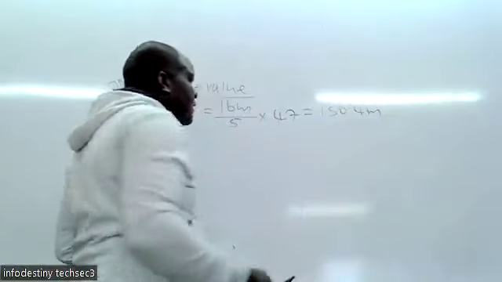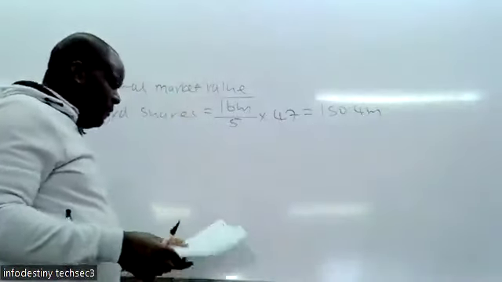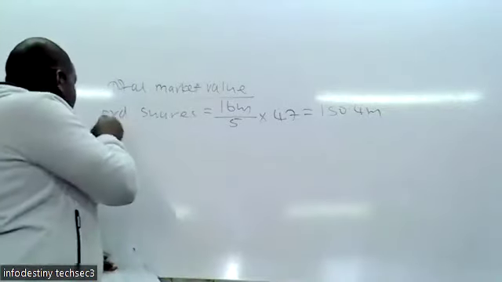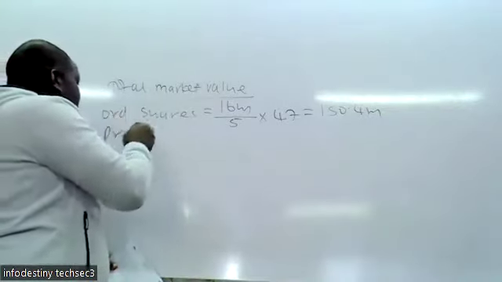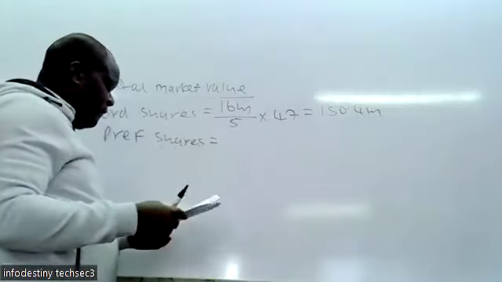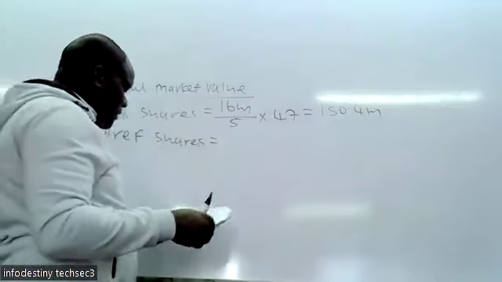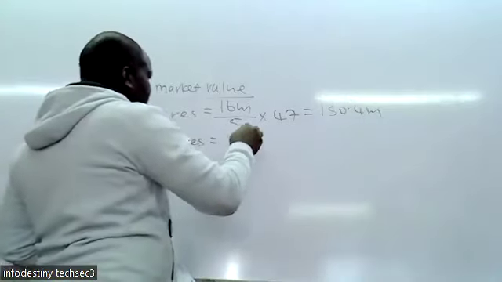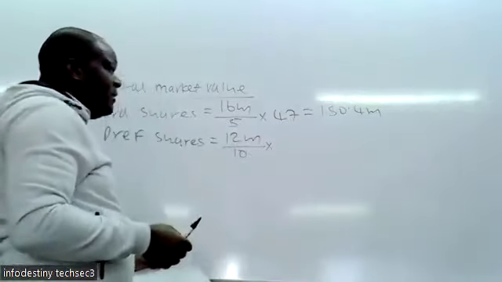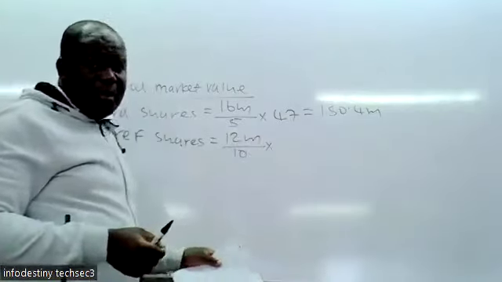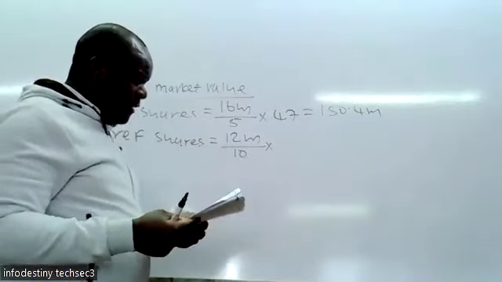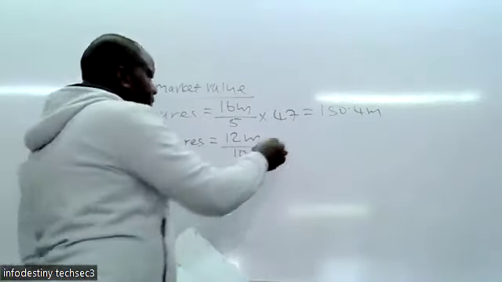The next one should be the preference shares. For the preference shares, take 12 millions, divide by the par value, which is 10, then multiplied by what is there in note number 4 as 4 shillings.